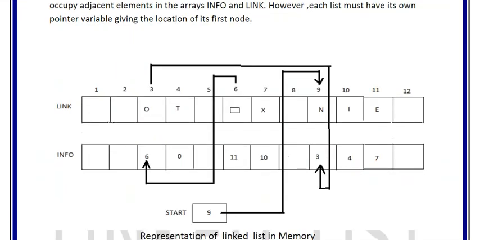In this section we have information, which is info, and link, which is link. Here we have started from 1, 2, 3, 4, 5, 6 up till some points.